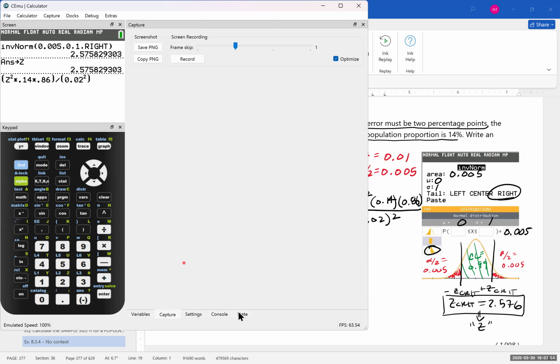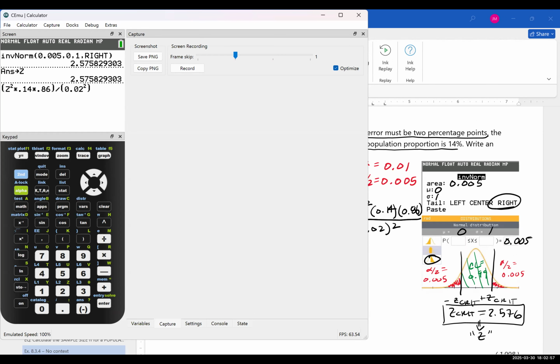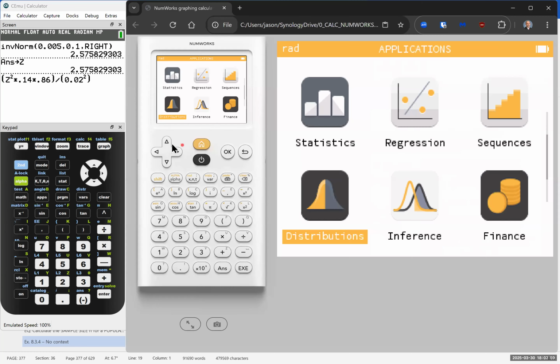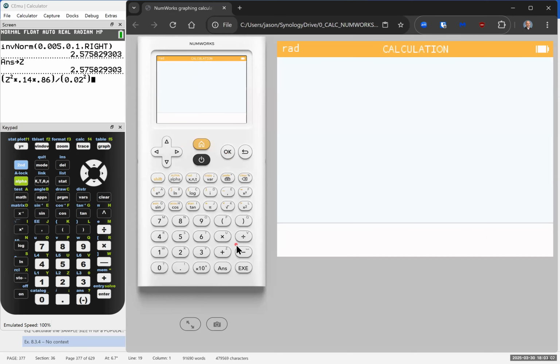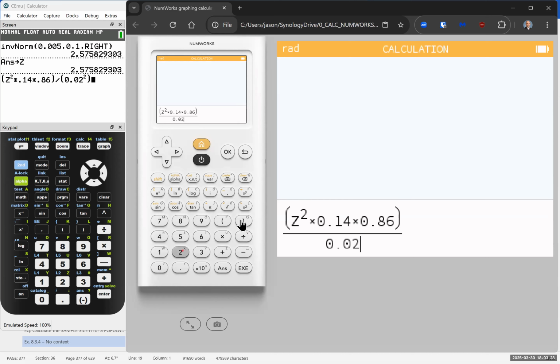Let me put that into the NumWorks calculator. So we've got Z squared times 0.14 times 0.86, in parentheses, divided by 0.02 squared.